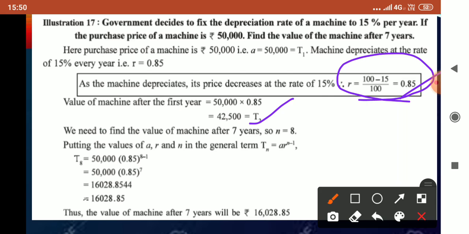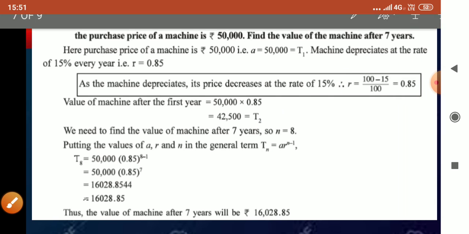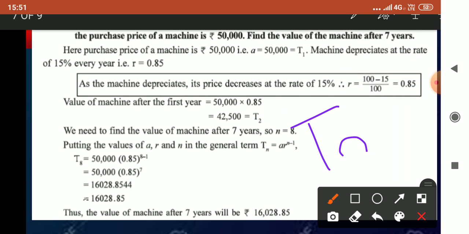So after 7 years you have to find the value of machinery. After 7 years means on the 8th year, what is the value of machinery? So we have to find T8. This is the important thing you have to learn. Here the phrase after 7 years is given, so we will find T8.